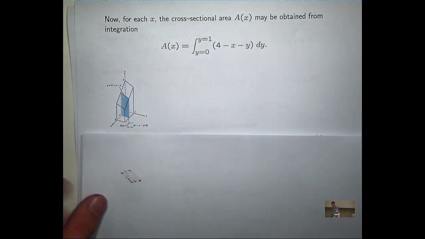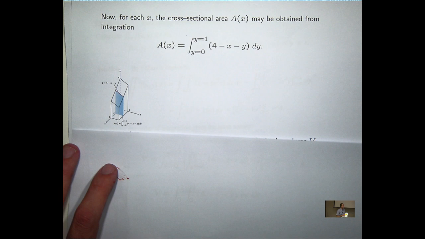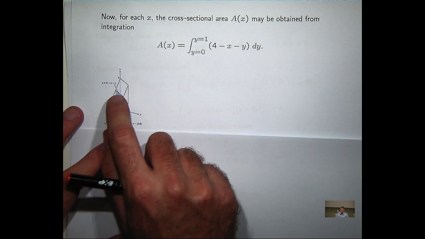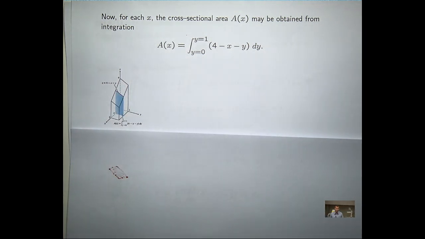Now, it's a little bit hard to see, but suppose x is just a fixed number. Imagine x is a constant. For each x, I can study this little blue region, cross-sectional region, by looking at the following. I'm just going to draw it in the YZ plane for a second.